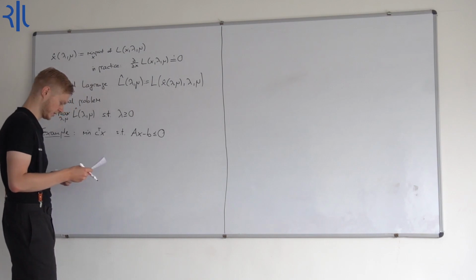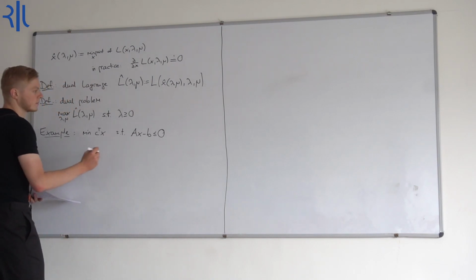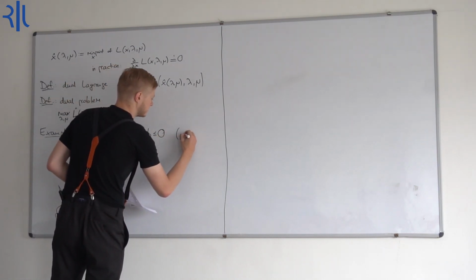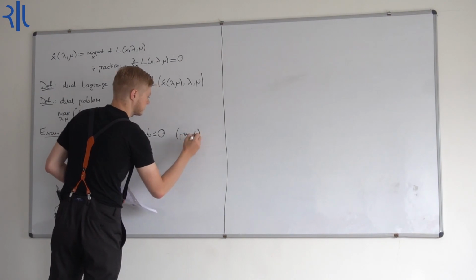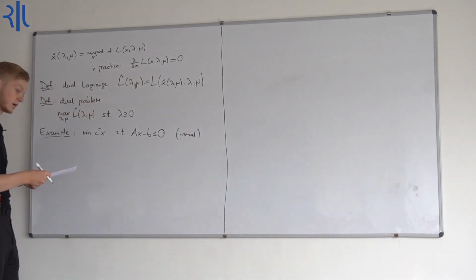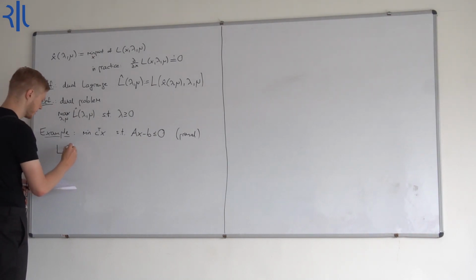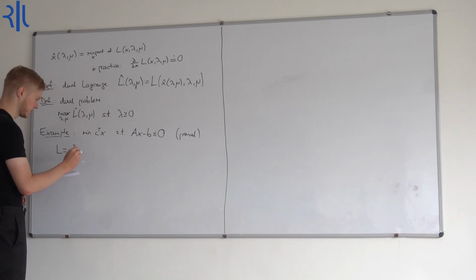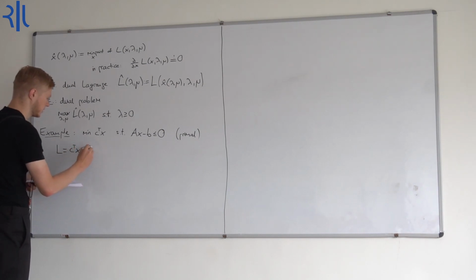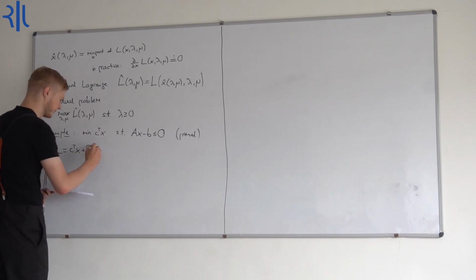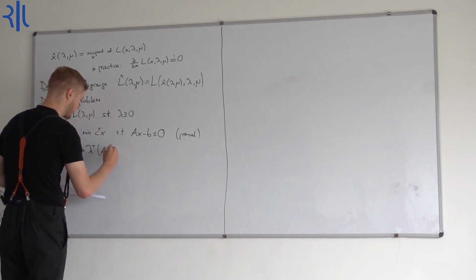Okay. Now, how would the Lagrange function look like? The Lagrange function will be c transpose x plus lambda transpose (Ax minus b).